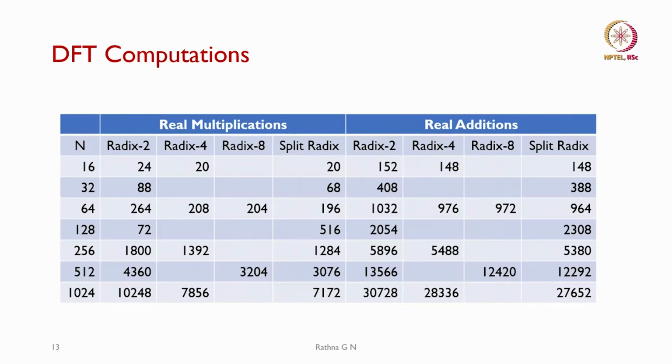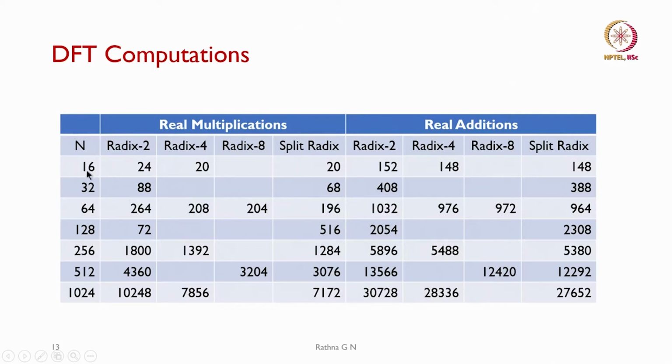If it does not fit into any of these categories, we can do the split radix format. For example, if the order is 2 power 12, I can have a radix 8 and a radix 4, combine them, and then do the split radix. That is what is shown in this table.